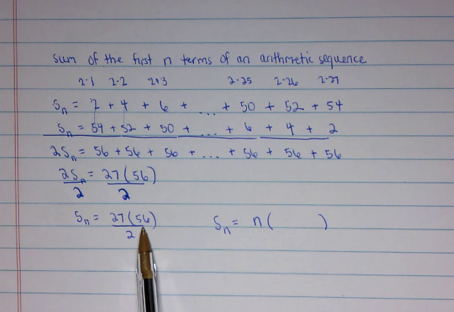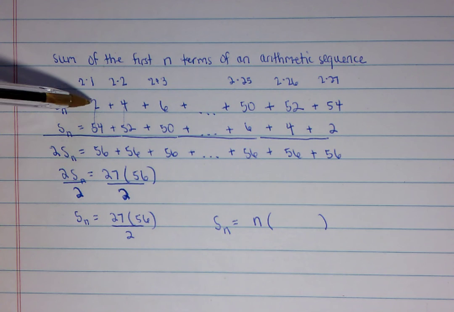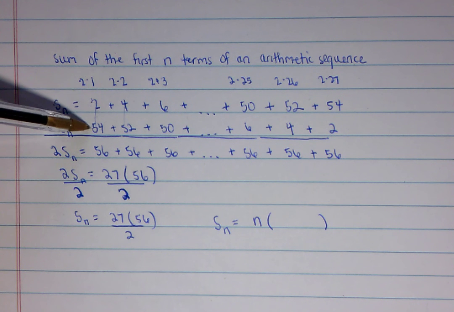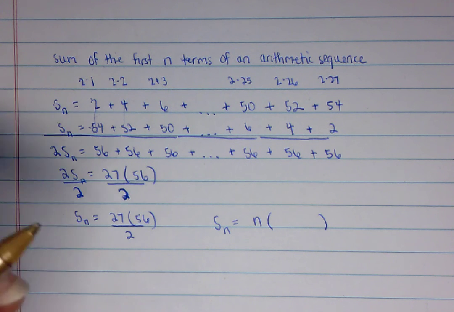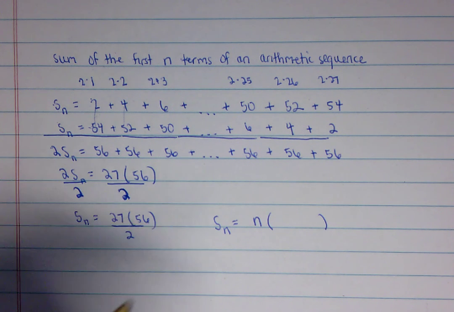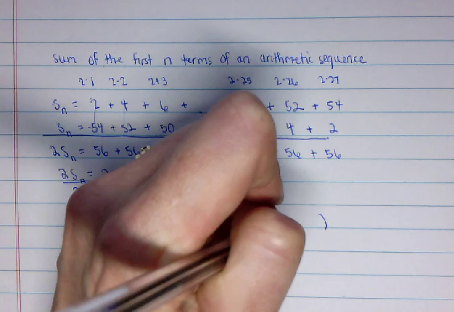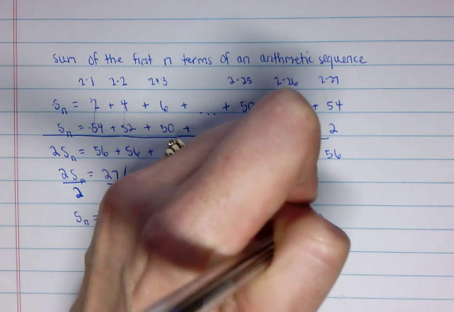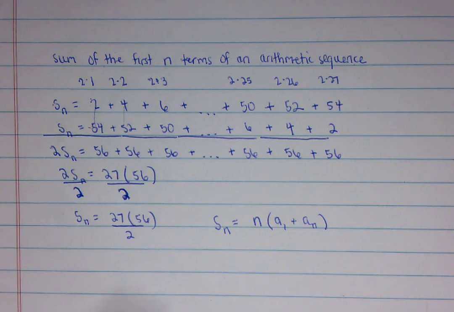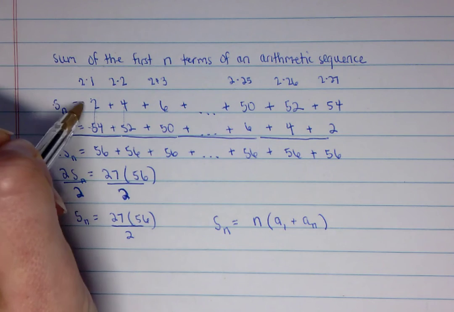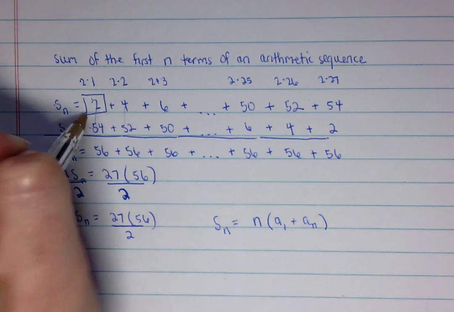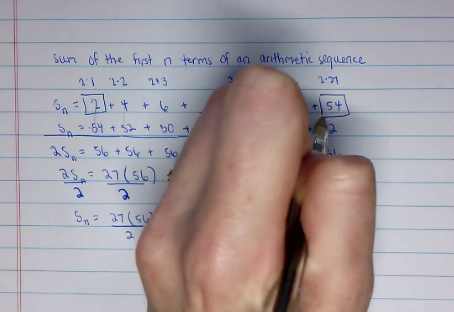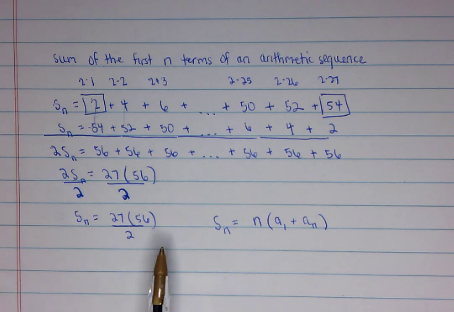The 56 was found when we added the first term and the last term. The first term is a sub 1, and the last term is a sub n.